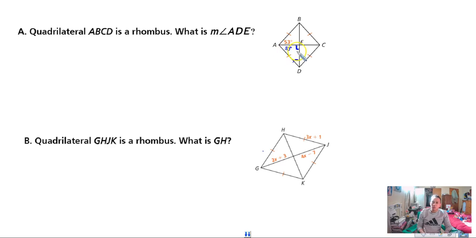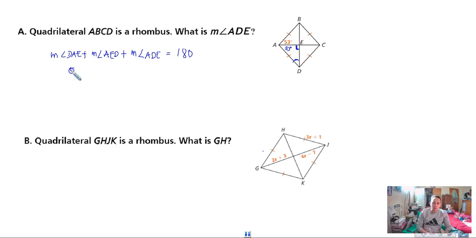So if this is 53 and this is 90, and I add all of this, including the angle measure here, it will give me 180 degrees. So the measurement of angle DAE plus the measurement of angle AED plus the measurement of angle ADE is equal to 180 degrees.